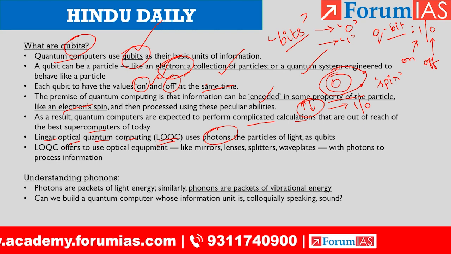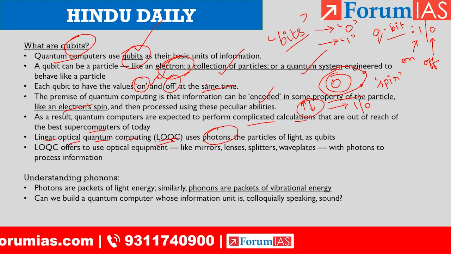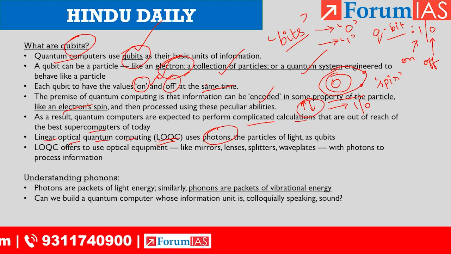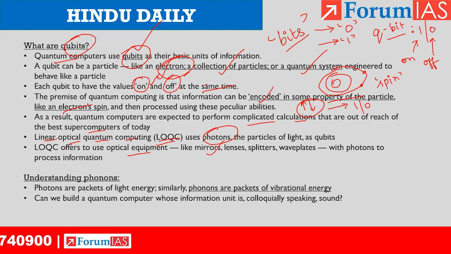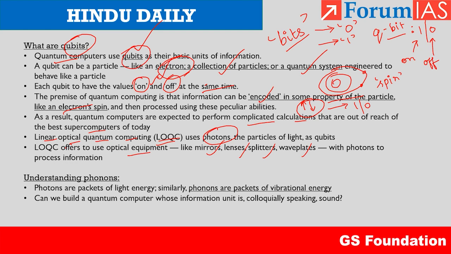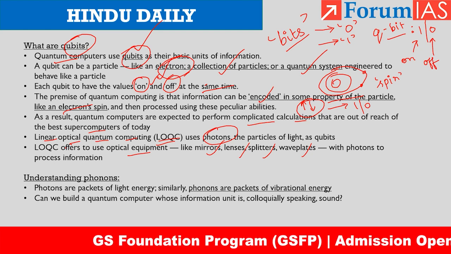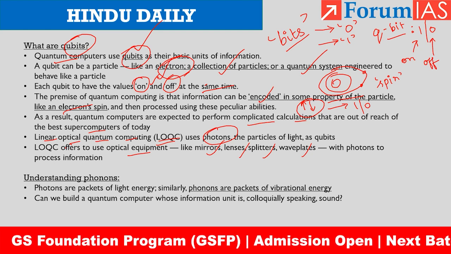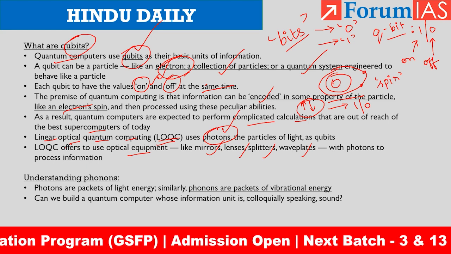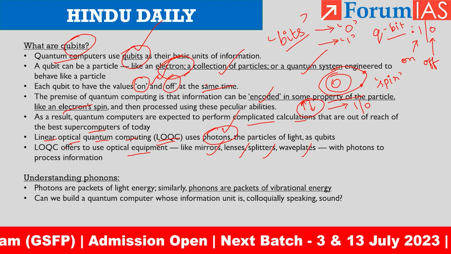It uses optical equipment like mirrors, lenses, splitters, wave plates with photons to process information. Like a traditional quantum computer uses electrons, optical quantum computing uses what? Photons.